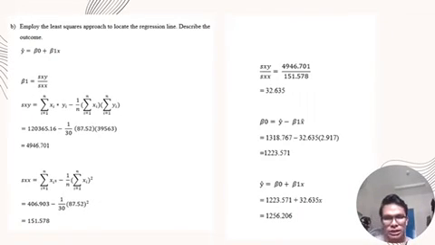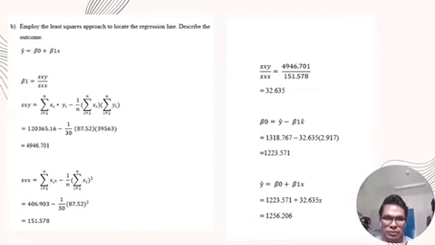For the intercept of y, it is equal to y bar minus the slope of the line times x bar. So our value of y bar is 1318.767 minus 32.635, then you times it with 2.917, then you will get the value of the intercept of y.